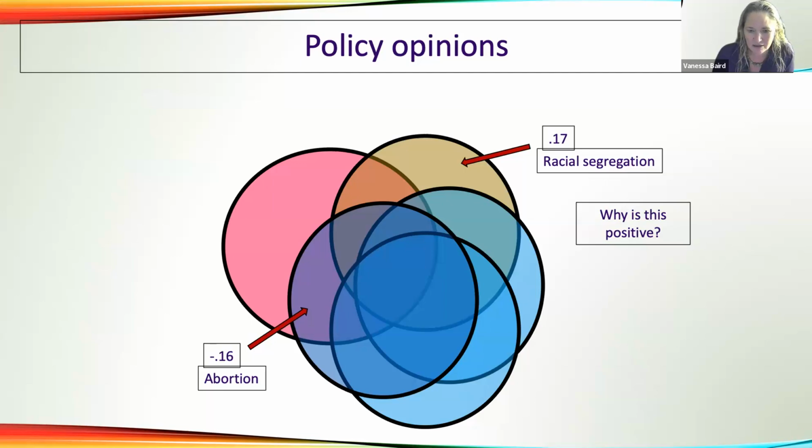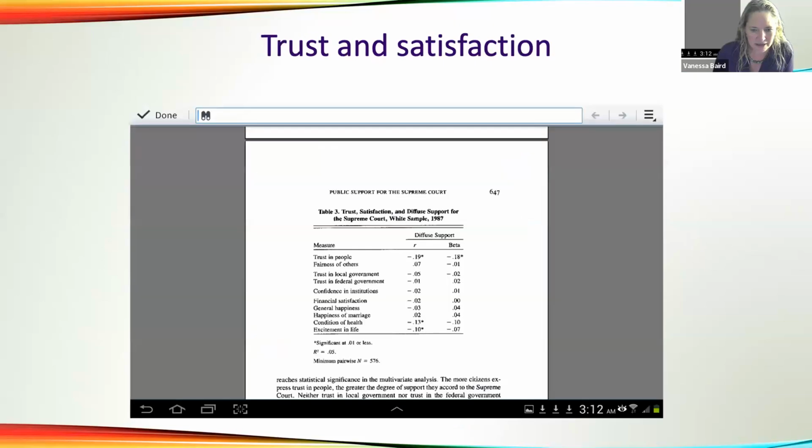They look at all these policies, and these policies are correlated with one another. You've got some Pearson R's that are somewhat strong, but racial segregation and abortion end up being independent because they aren't correlated with the other ones as much. These are the racists and these are the religious racists, I don't know, something like that.